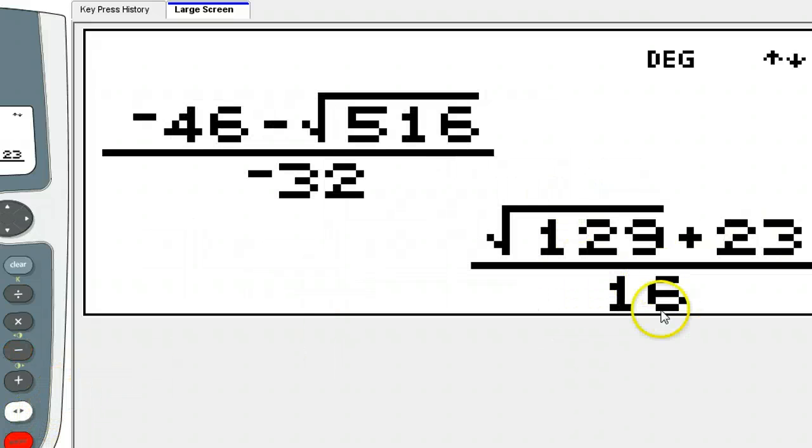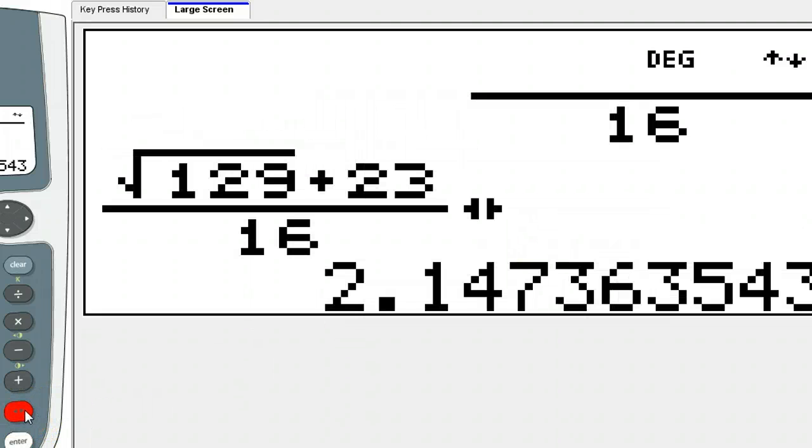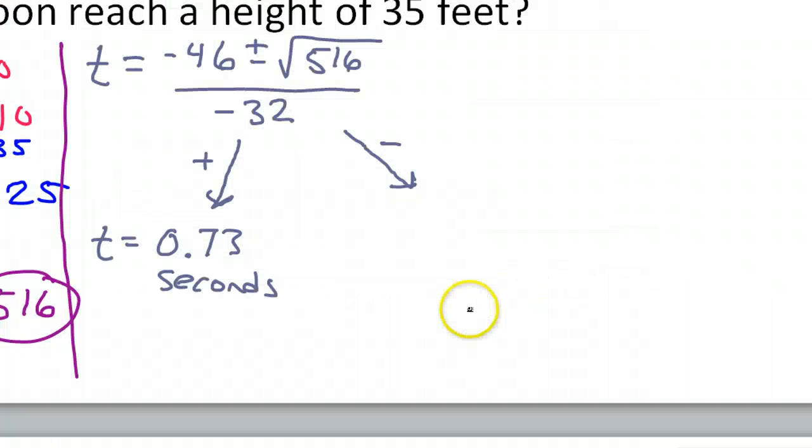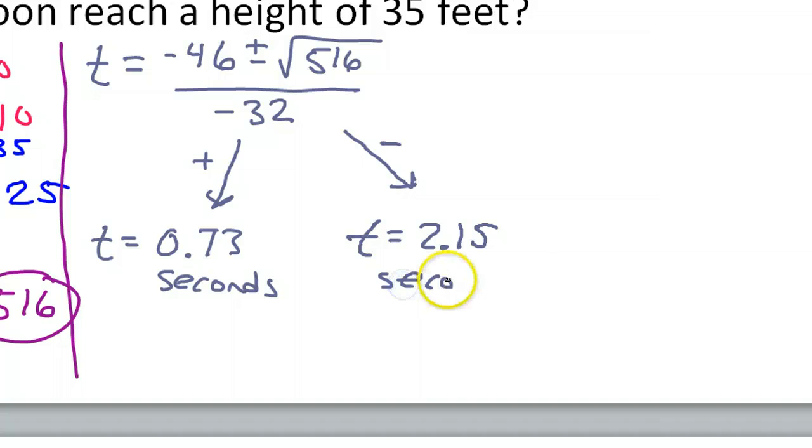Again it's giving us this simplified expression, but we don't care about that. We want the decimal. So 2.15 seconds. I'm rounding. So we're getting 2 different times that are possible. None of these are negative, so neither one of them is extraneous.